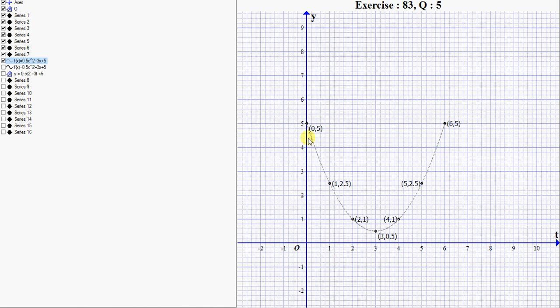Over this we can draw a darker line. And when we finish this drawing, we have to write the equation also. So this is the equation y equal to 0.5 t squared minus 3t plus 5. This equation is for this curved line.